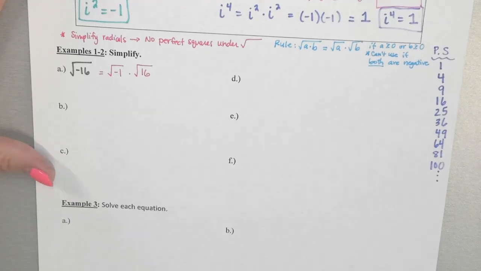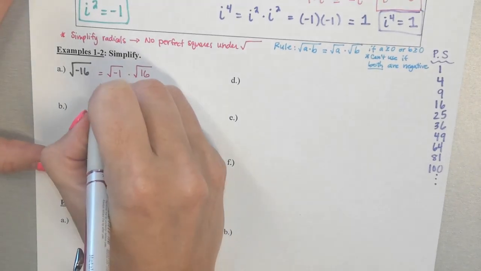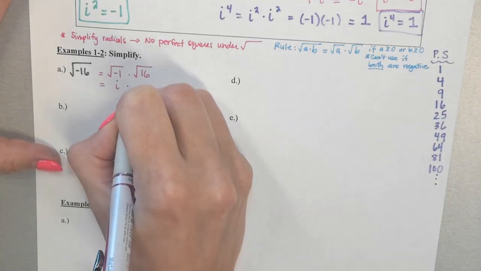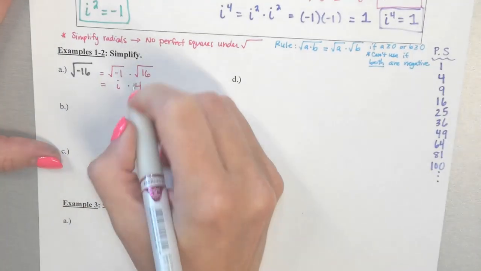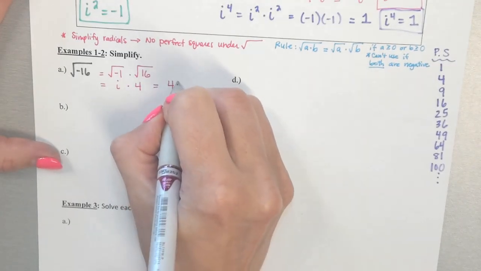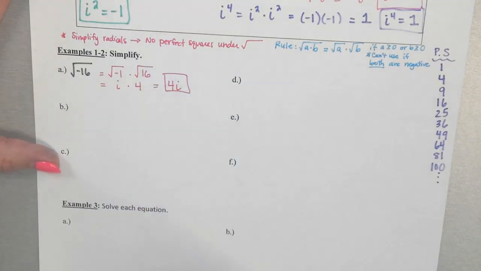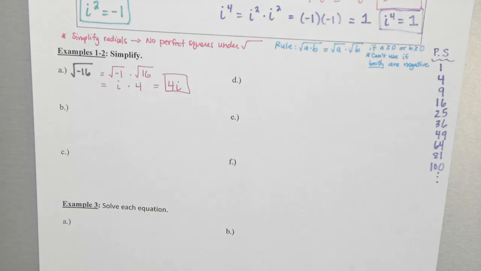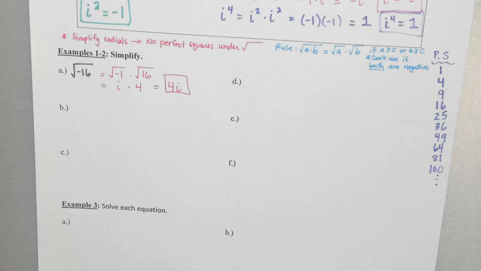The square root of -1 is i, and 16 is a perfect square, 4. So our final answer is 4i. The i always goes behind the whole number, just like when you have 2x, you don't write x2. It always goes in front of the variable.